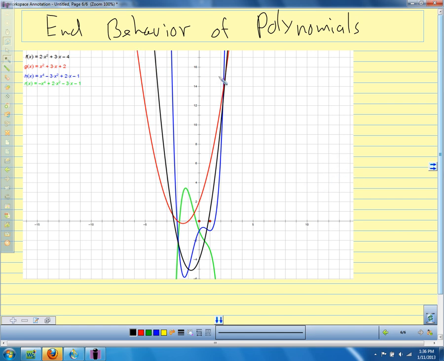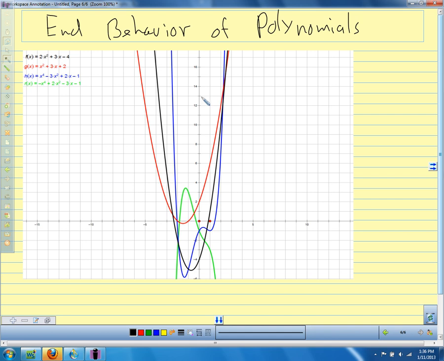So eventually, all of these graphs, are they doing the same thing or different things on the left-hand side and the right-hand side? So if we look at the red one, on the left and the right, eventually, is it going up, going down, or is one side going up and one side going down? Both going up. Same thing for the black one.